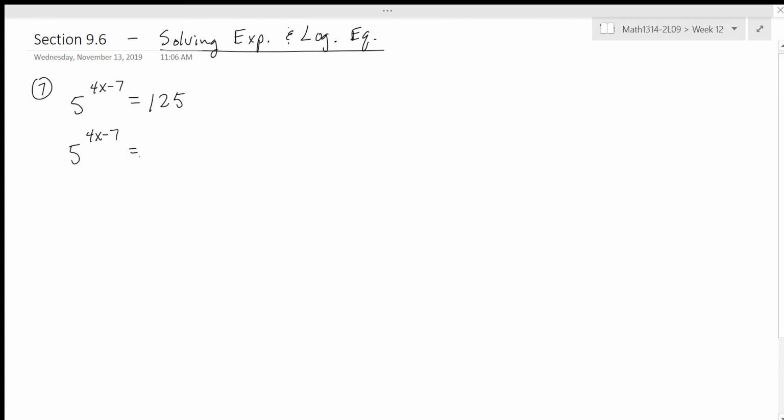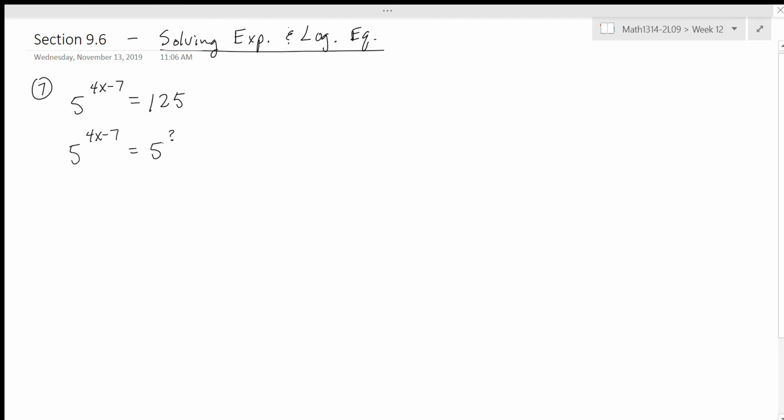Is it obvious on the left that 5 is the base? Right? Because a base is something that has a power. So on this side, we see 5 is the base. So on the right-hand side, I'm going to try to convert 125 into 5 to some power, so that this has a base of 5 also.